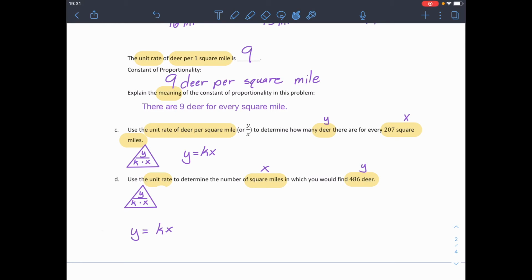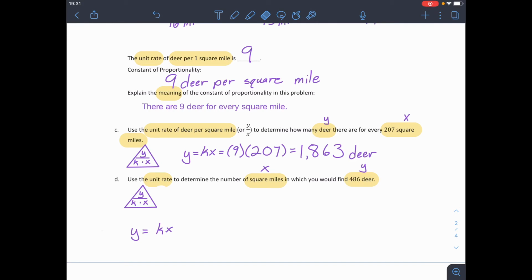So we can use our fact family triangle here and see that to find y, we would do k times x. So when I take my unit rate of 9 times the 207 square miles, we get that there are 1,863 deer.